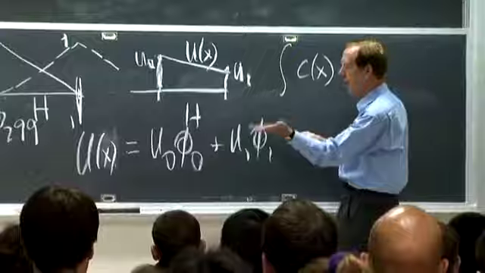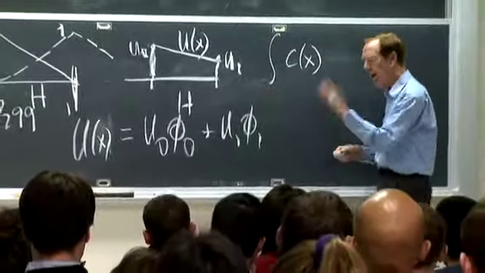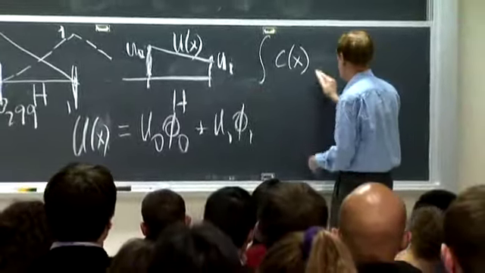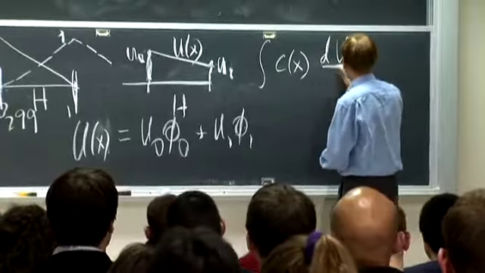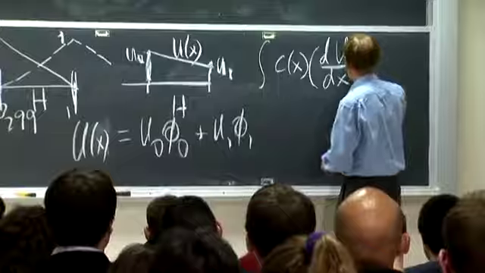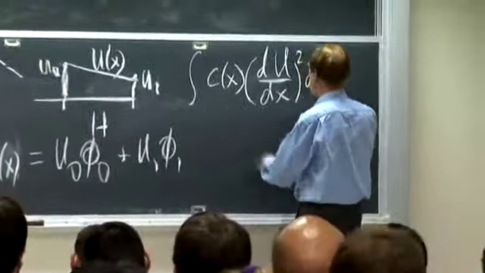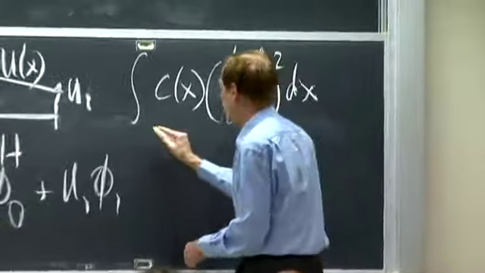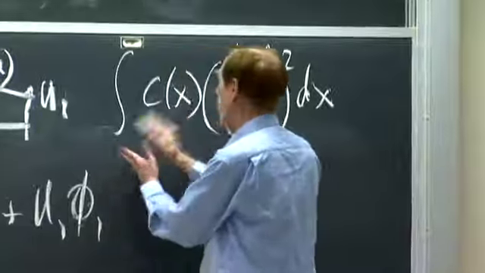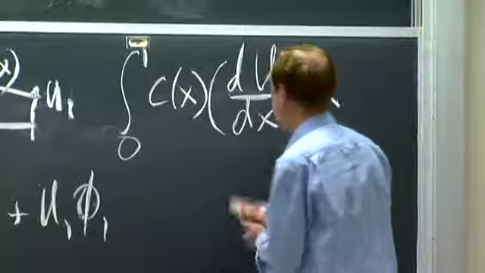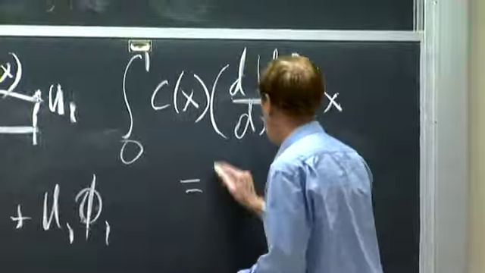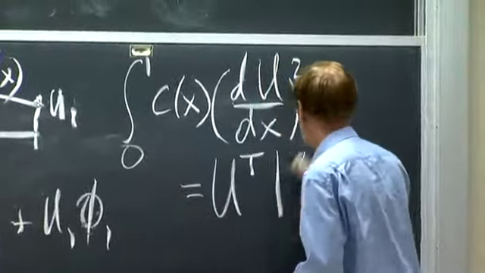I'm always taking the phi functions to equal the v functions. So I can write this as the integral of c of x times du dx squared dx. Over the whole interval that would be u transpose k u.